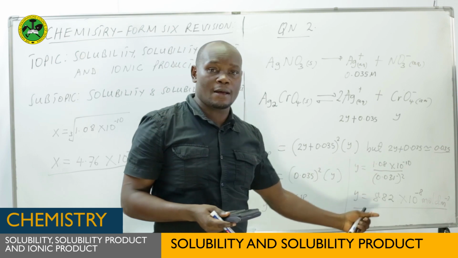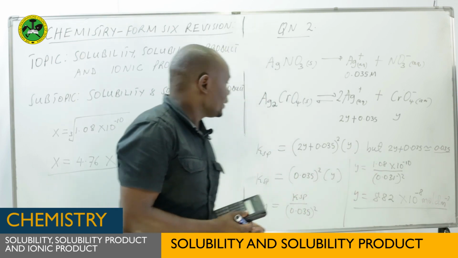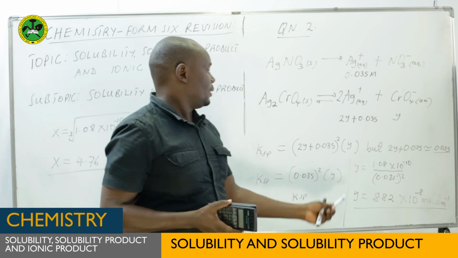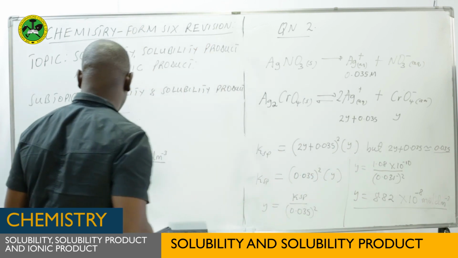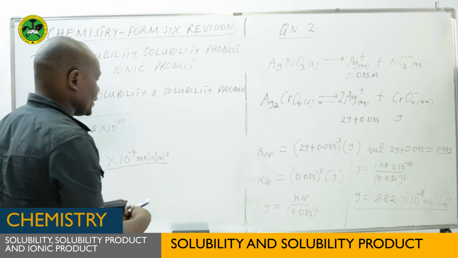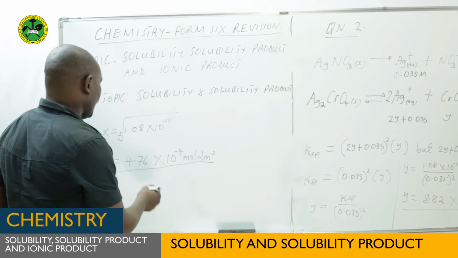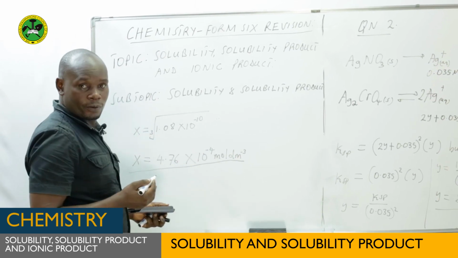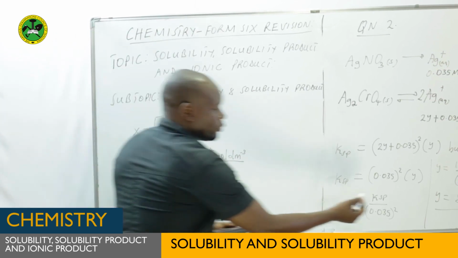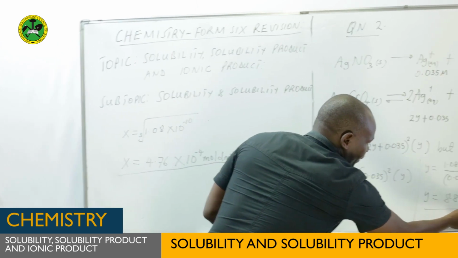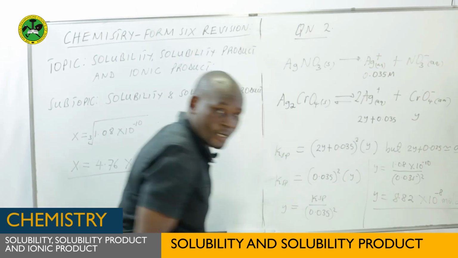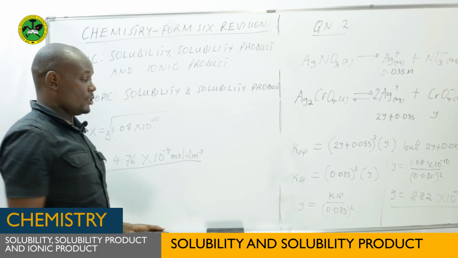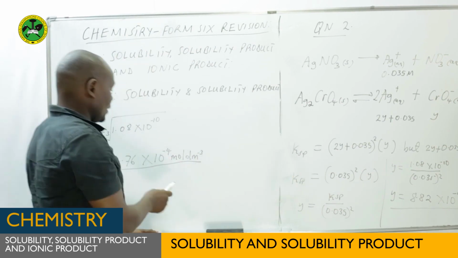So let us now compare the solubility of silver chromate in water and in silver nitrate. In water we have obtained 4.76 times 10 power negative 4 moles per decimeter cube. But here we have got 80.82 times 10 power negative 8. So you can compare yourself, my dear students, which one is lower than the other. So this one is lower than this one.